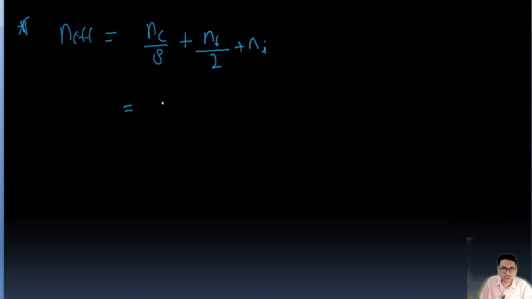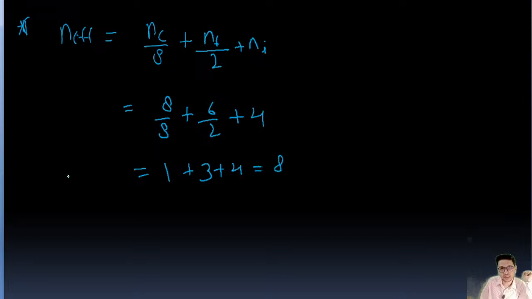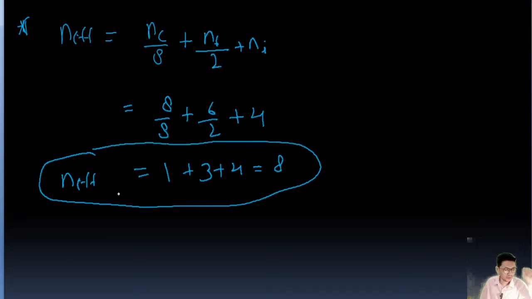So this is 8 by 8, plus 6 atoms at the faces, 6 by 2, plus Ni, the inner carbon atoms, 4. If you solve it, this is 1 plus 3 plus 4, so N effective is 8 for the diamond cubic structure, guys, okay.